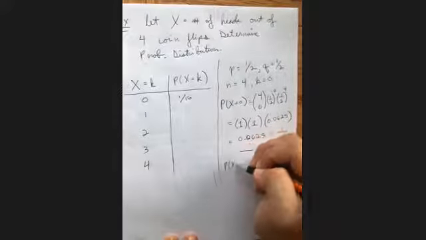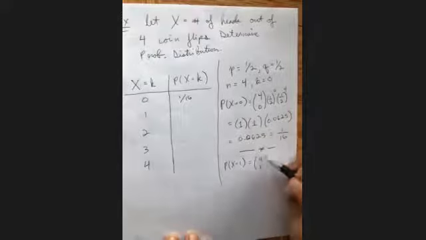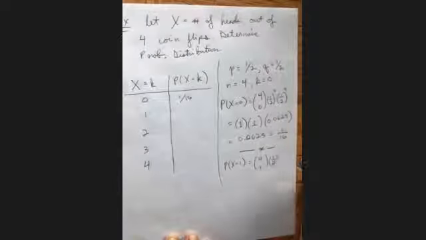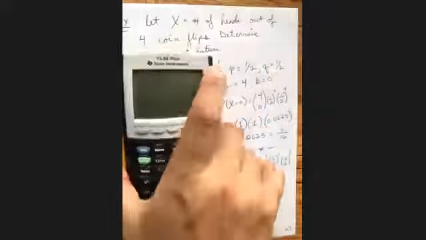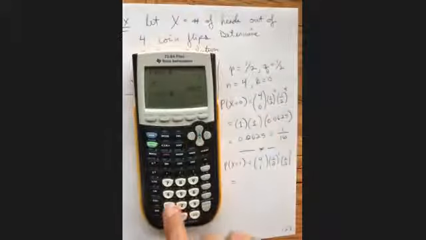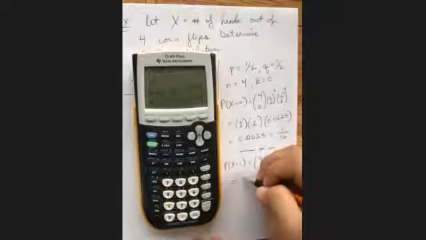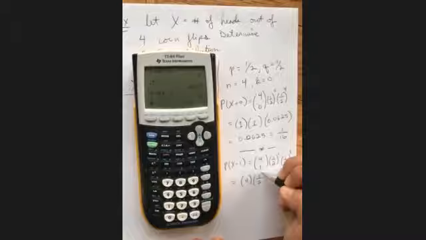So the probability that x equals 1 will be 4 choose 1, 1/2 to the 1 power, 1/2 to the 3rd power. I bring back up the 4 choose 0, but now I can change the 0 to a 1, get my result. 4 choose 1 is 4. 1/2 to the 1st power is 1/2.